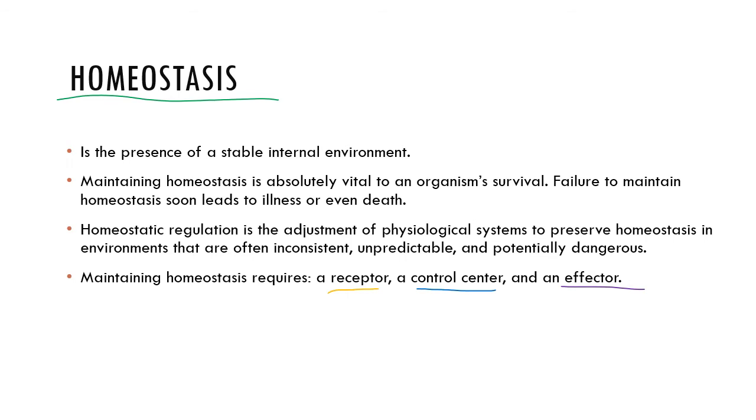So the receptor is usually sensory, some sort of sensor. The control center is either the nervous system or the endocrine system, and the effector, or target tissue, is either muscle or some sort of gland.